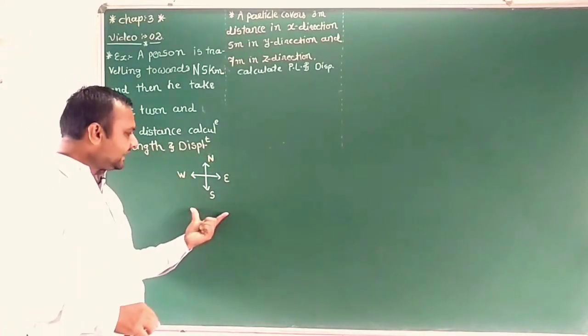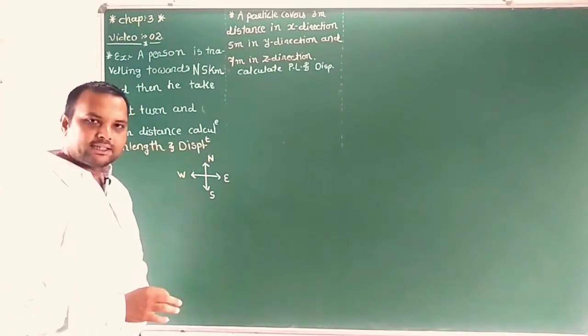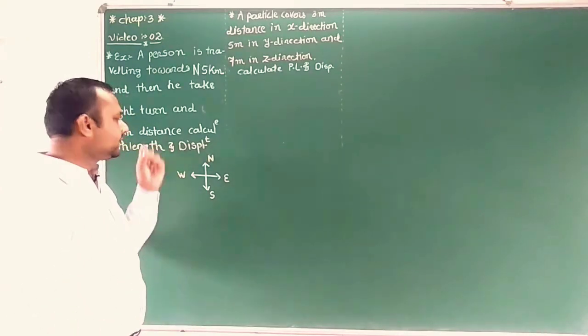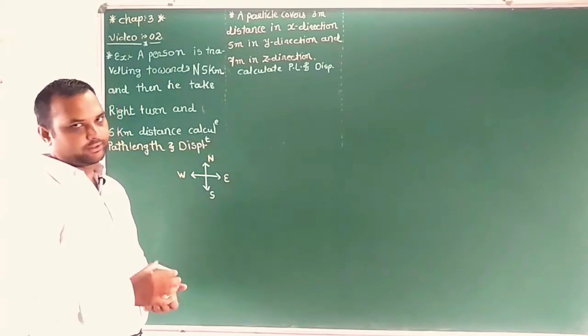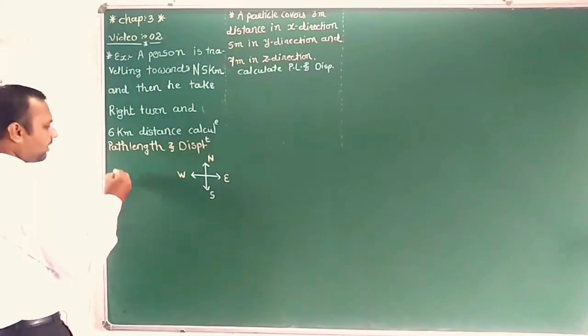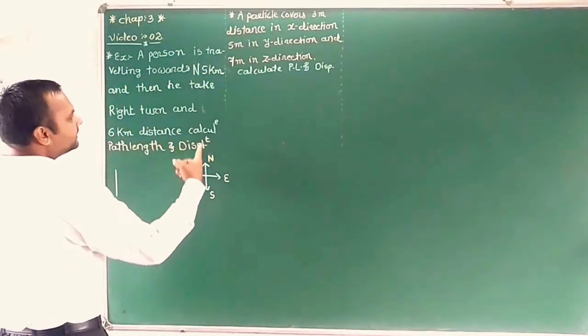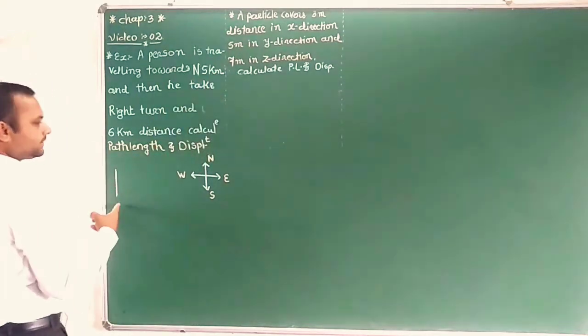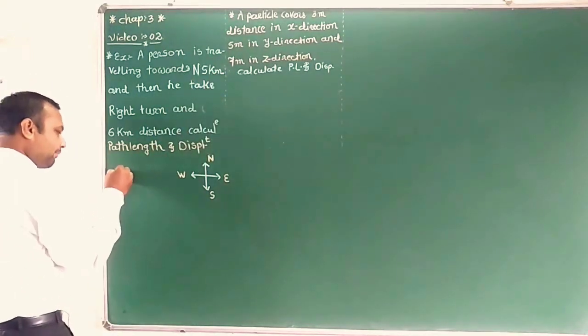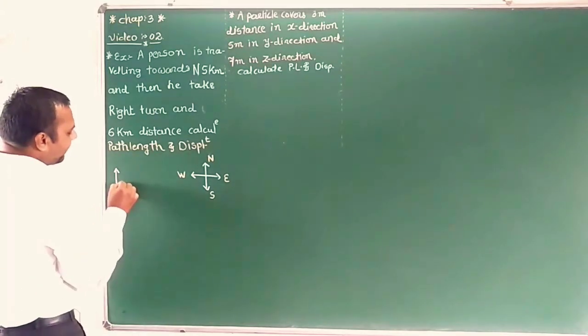This sign convention is always followed in such numericals. According to the question, he covers 5 kilometer distance towards the north, so I put an arrow towards the north and indicate this is 5 kilometer.